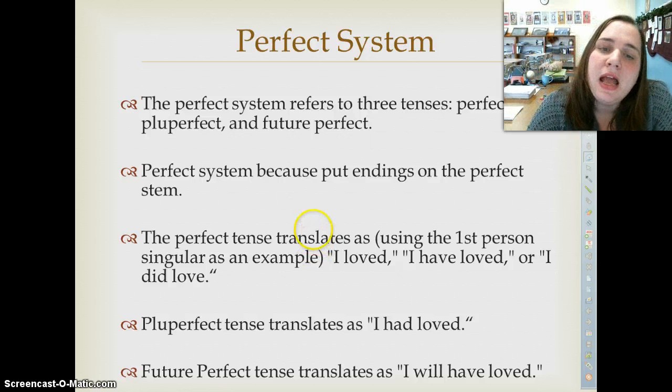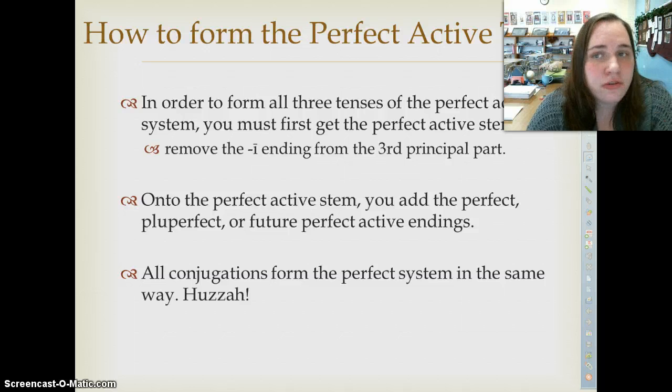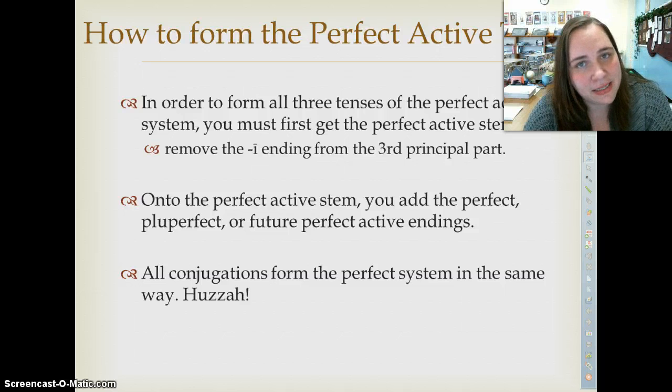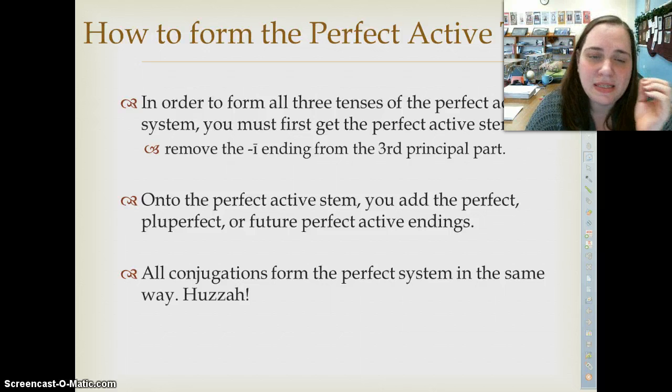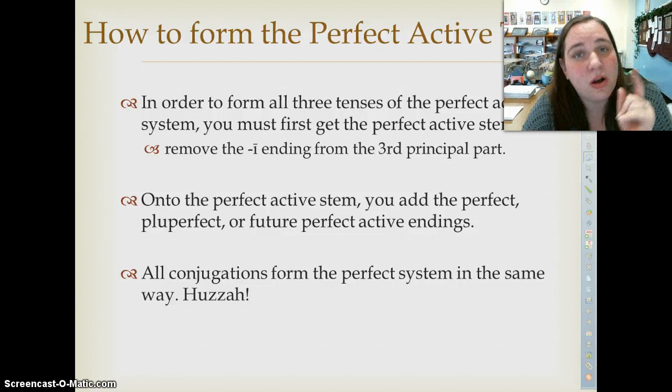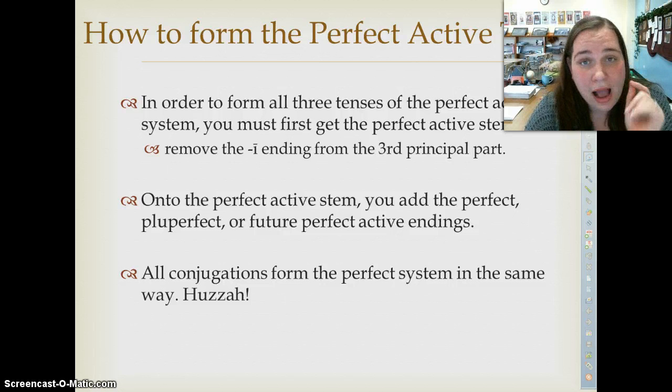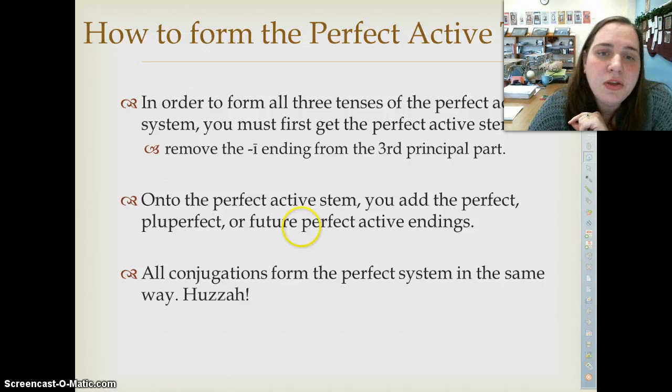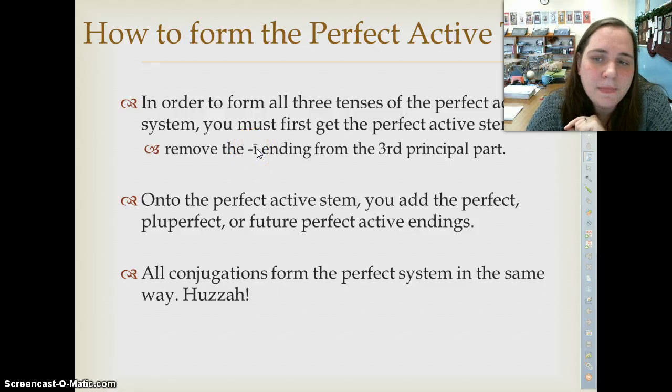Okay. So, in order to form the perfect active tenses, the perfect active system, you need to put the endings on the perfect active stem. So, first things first, how do you get the perfect active stem? You get the perfect active stem by removing the i from the third principal part. Okay?